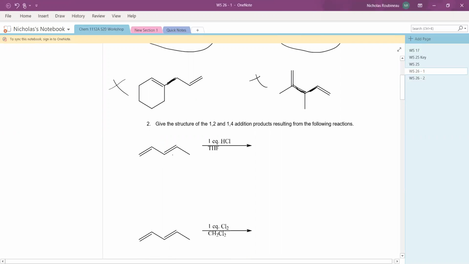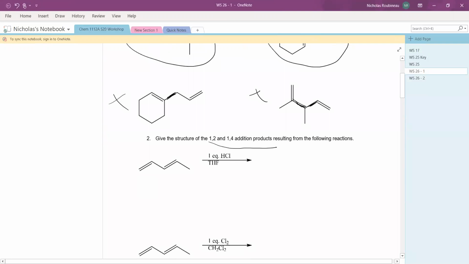Okay, so this question is just asking to give the 1,2 and the 1,4 addition products from the following reactions. And we're using one equivalent of things we've used to react with alkenes in the past. I'll go over the 1,2 first, and I'll just show the mechanism for the first one to jog your memory.